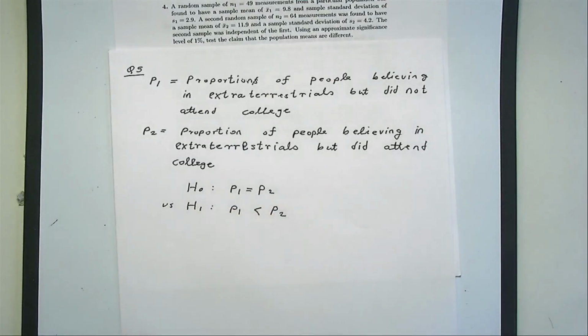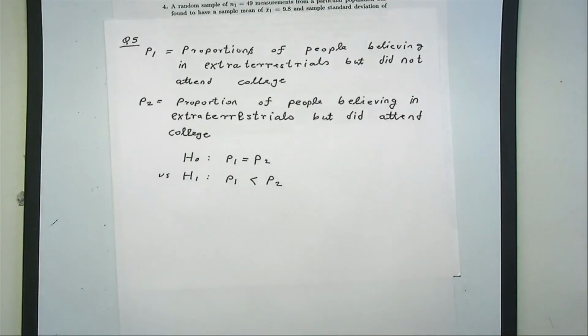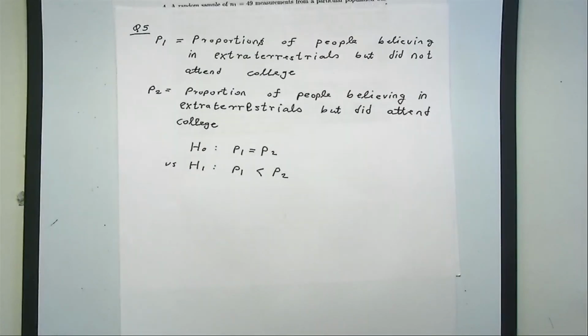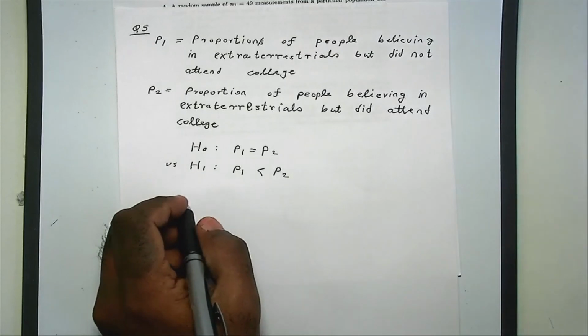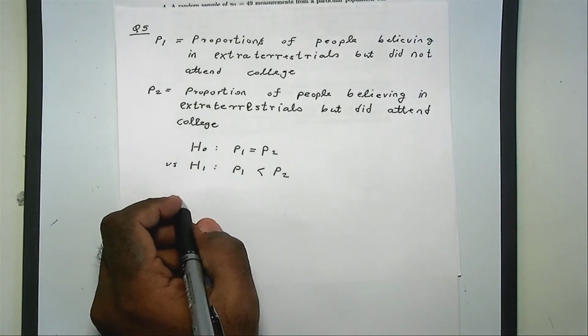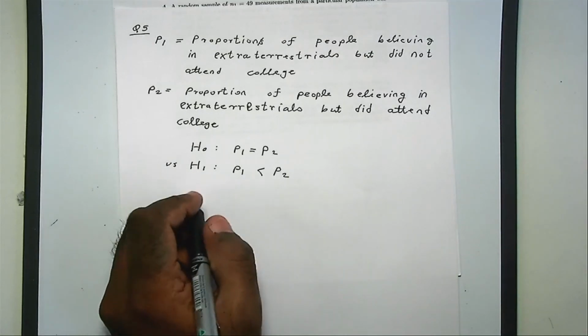That is, the proportion of people believing in extraterrestrials but who did not attend college is less than the proportion of those who believe but did attend college.